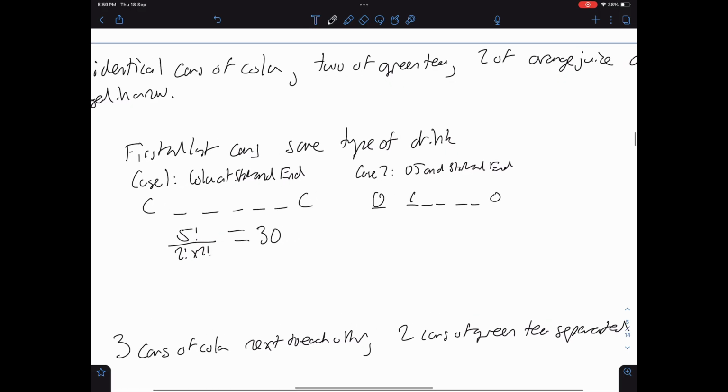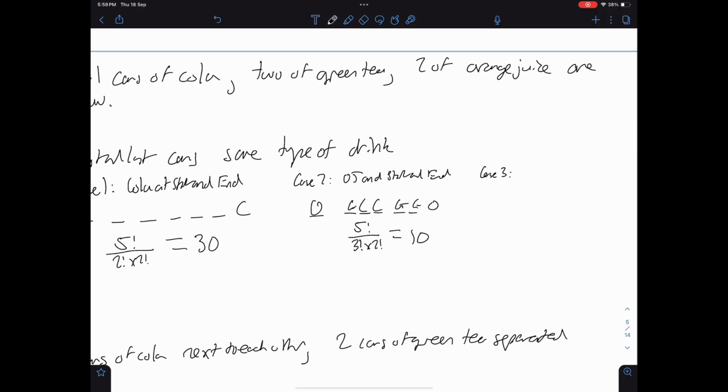In case 2 would be OJ at start and end. And remember, you've got Coke, Coke, Coke, green tea, green tea. And so that'll end up being 5 factorial over 3 factorial times 2 factorial. So that's 10.